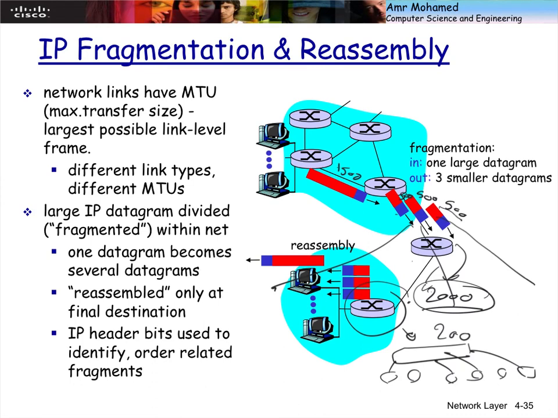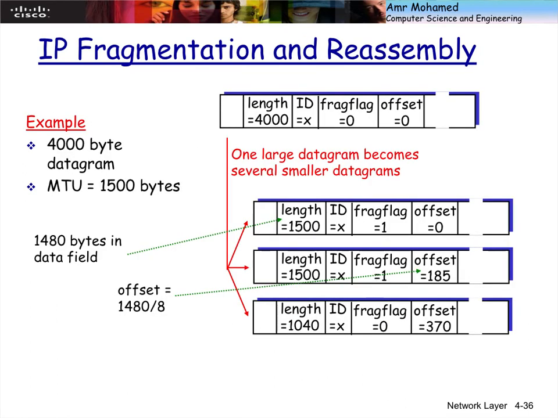Is it clear? Any questions? So these are things that we need to keep in mind when we do fragmentation. I can perform as many fragmentation processes as I need, but the reassembly has to be done once at the end system.